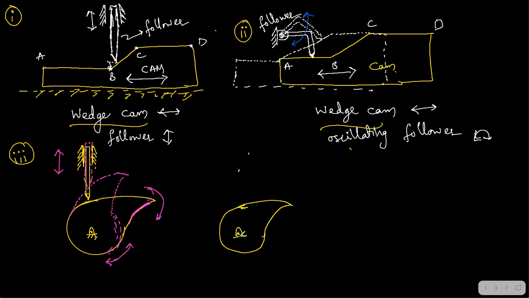Okay, so this is your cam, and then we have our follower. Our follower now in this case is oscillatory type of follower.